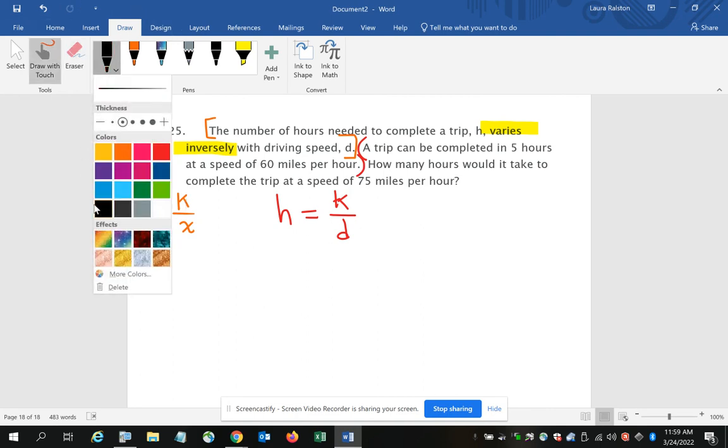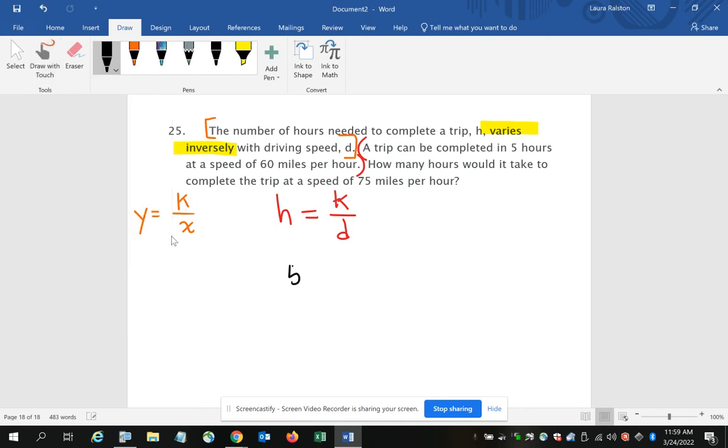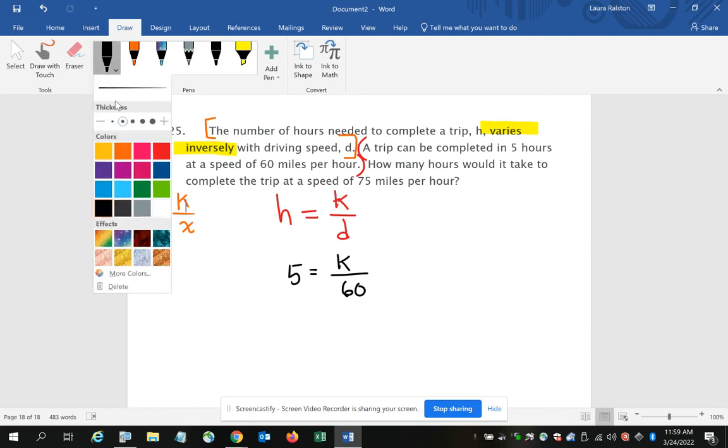So we would have a trip can be completed in 5 hours at a speed of 60 miles per hour. So my speed was 60, and I want to solve that equation for k.